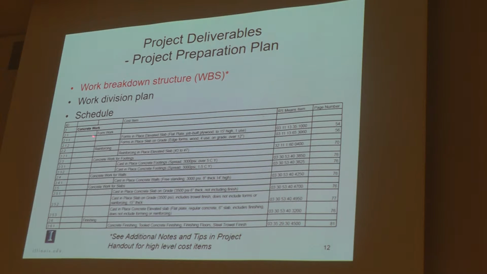Also, you need to have your detailed work name and your cost item. Because the cost item corresponds to the RSMeans item, you need to list the RSMeans item number here. And the page number means the RSMeans page number this appears on.